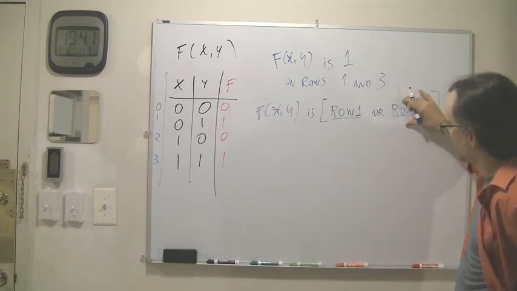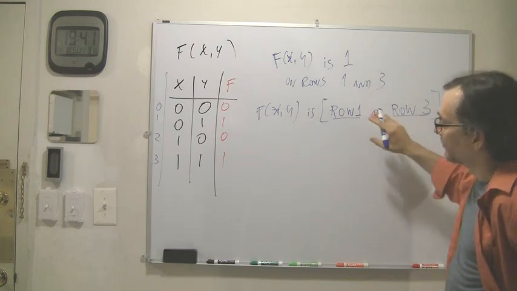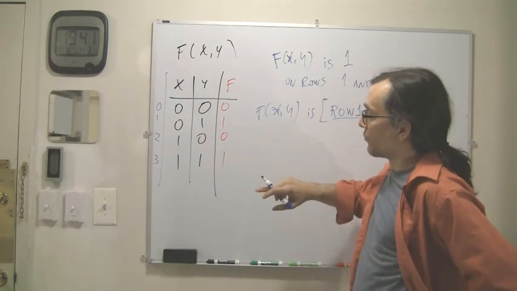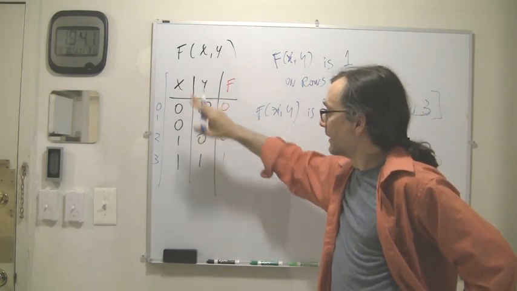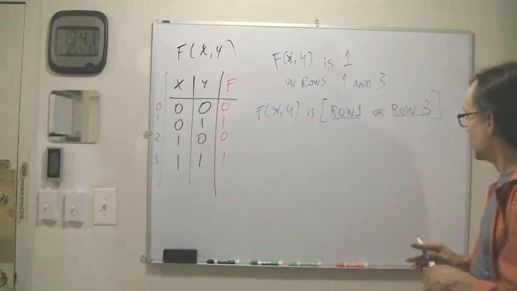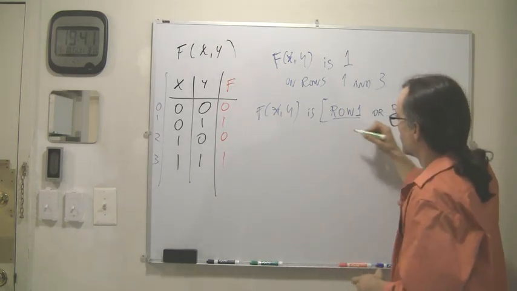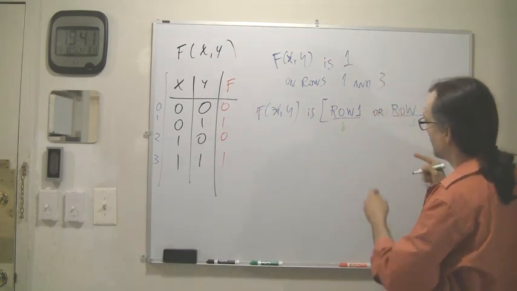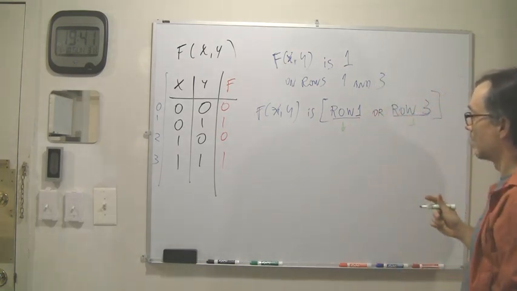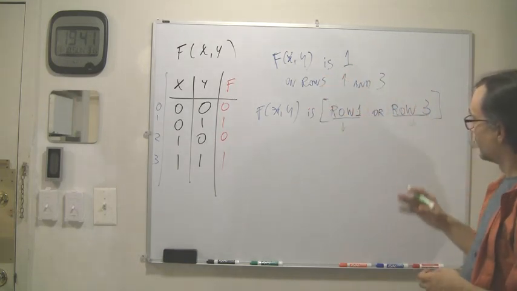This is some expression that becomes 1 if and only if I'm on row 3. That is, if x is 1 and y is 1. So, that's how we are trying to encode f. We are encoding those rows separately, and then we can combine them with an OR, right? Because if f is 1, it must either be in row 1 or in row 3.